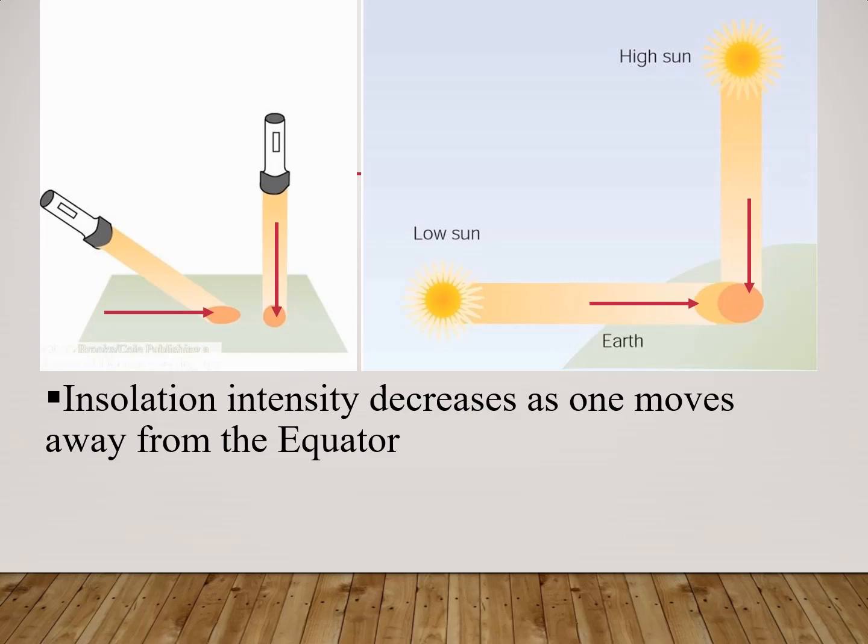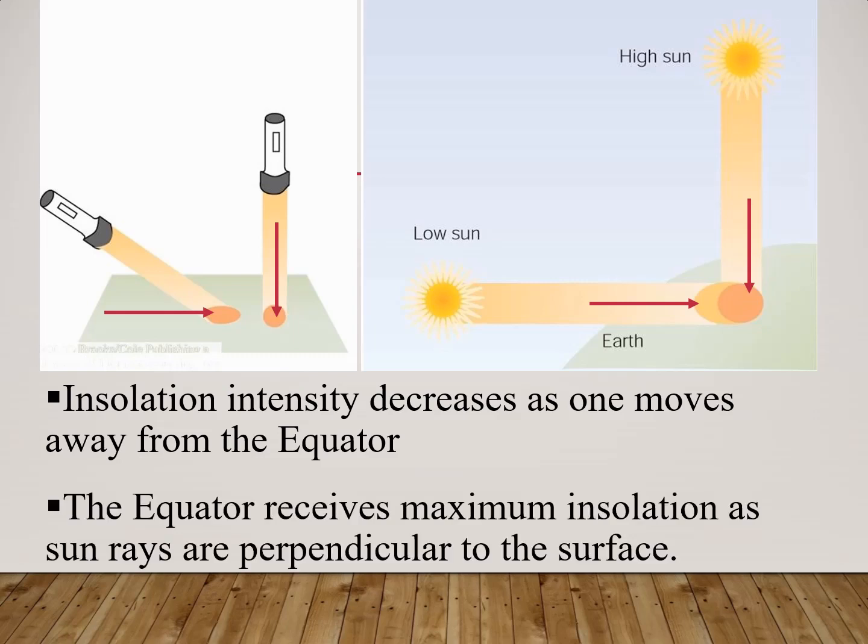Whereas when we move away from the equator, the surface area exposed to insolation becomes bigger. The equator receives maximum insolation as the sun rays are perpendicular to the surface. Places away from the equator experience lesser and lesser amount of insolation.